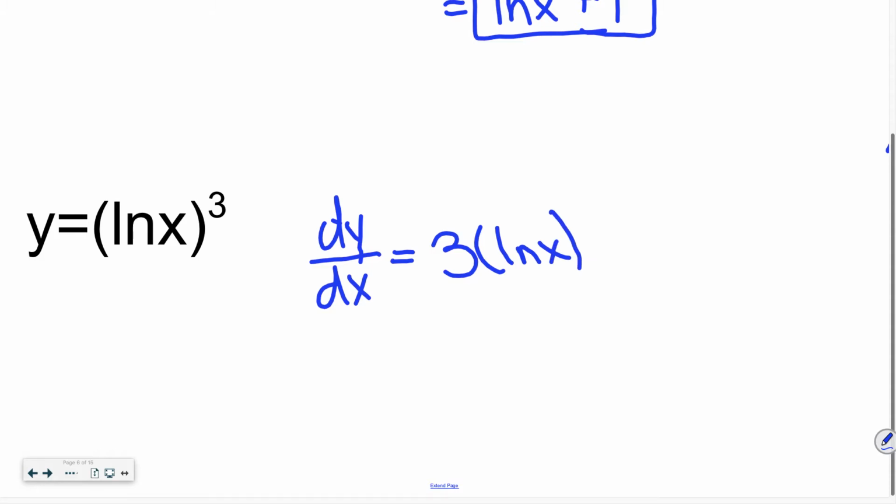This is what pod 3 had to say. Okay, we have something cubed, so we take the derivative of that. So power rule, 3 goes out in front, decrease power by 1. But inside of our cubic function is natural log of x, so the derivative of natural log of x is 1 over x.